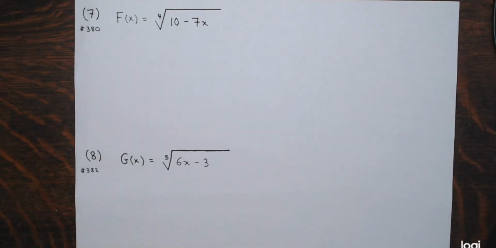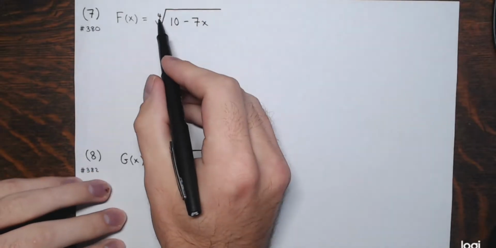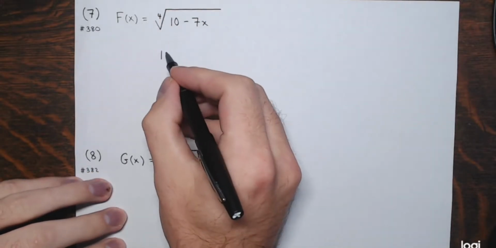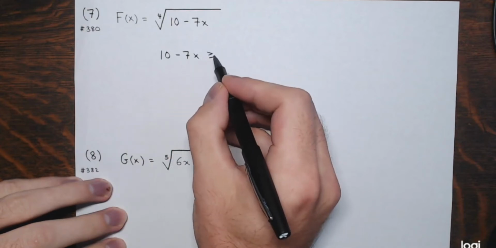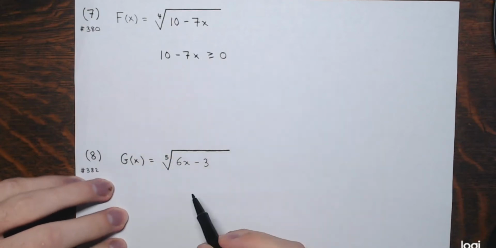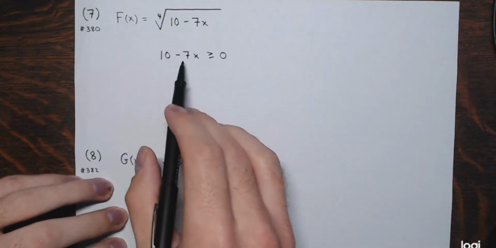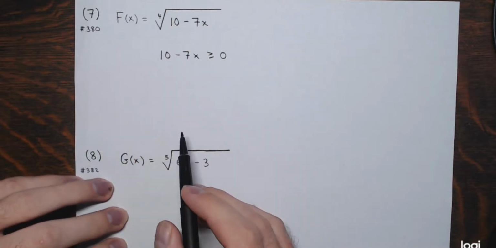So again, it's an even root. So the radicand, 10 minus 7x, has to be greater than or equal to 0. And then we're solving this for x.